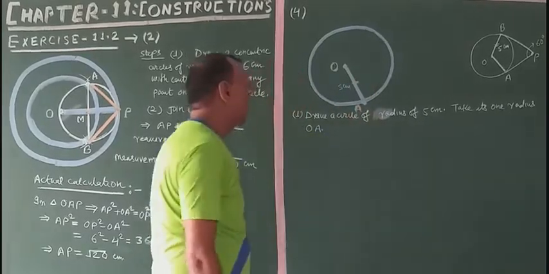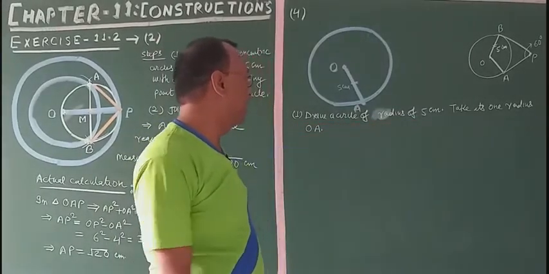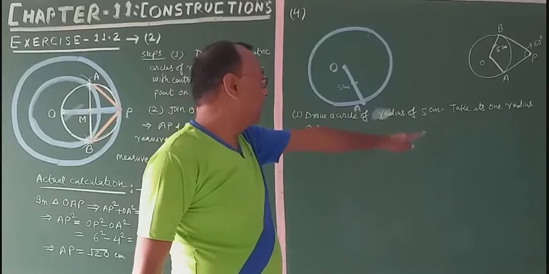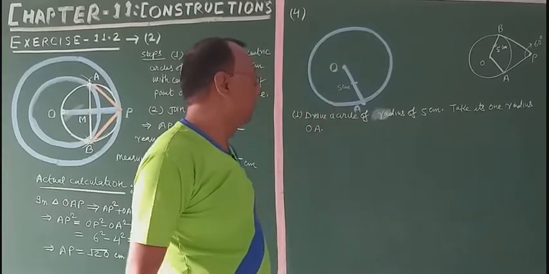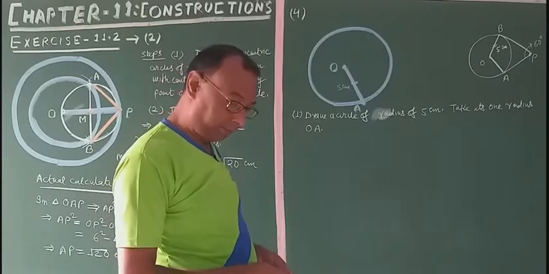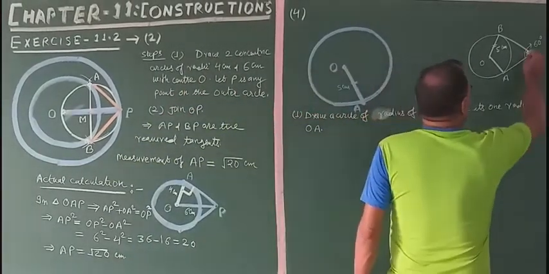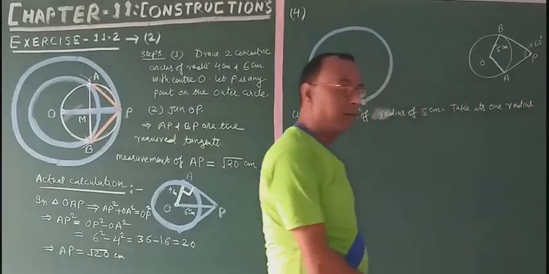First we will draw a circle of radius 5 centimeter, then take its one radius OA. Then just look here. What is the value of this angle? 60 degree.